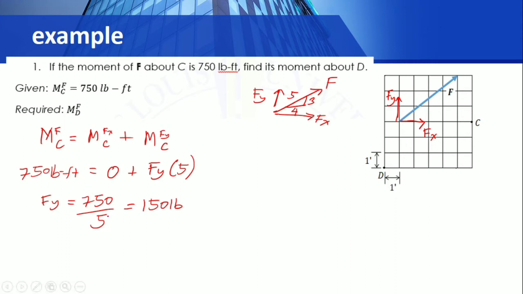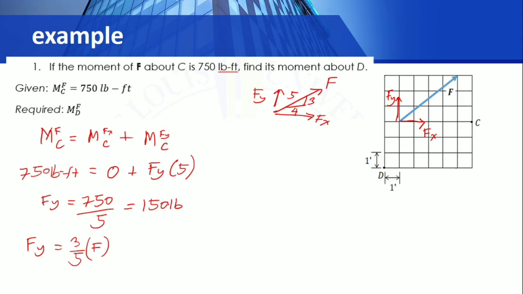Para makuha natin yung Fy is yung force F is i-multiply natin siya ng 3 over 5. Di ba? So, F of Y is equal to 3 over 5 multiplied by yung force F natin. Okay? So, meron na tayong value ng F of Y.